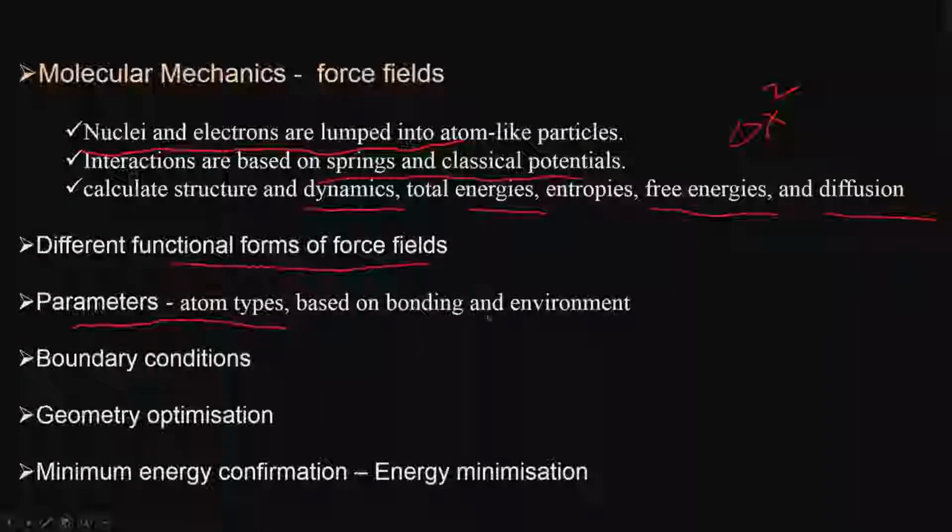Atom types means a carbon can have different environments and different bonding, right. You can have carbon single bond, carbon sp3, carbon double bond, carbon sp2, carbon triple bond, carbon sp, and then carbon in the aromatic, carbon in a 5-membered ring form and so on.